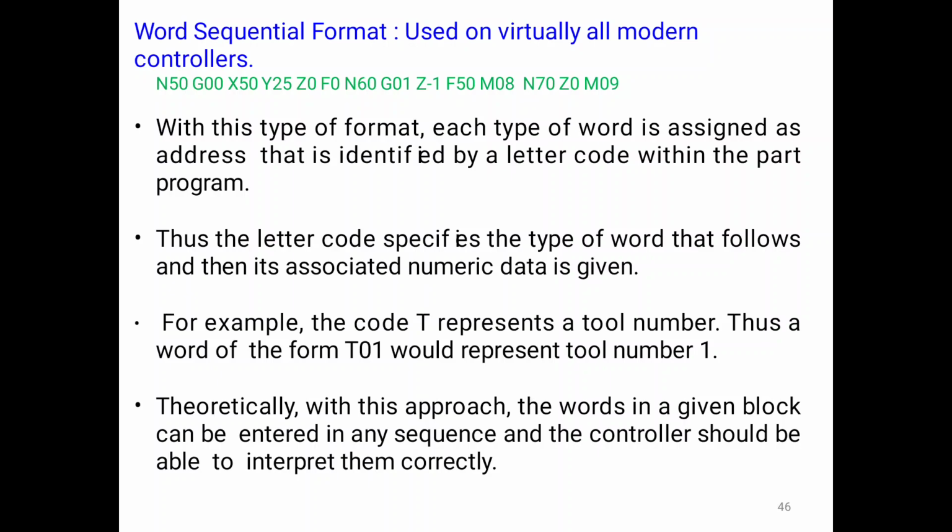For example, N50 G00 means the initial zero position, and XYZ move to the spindle location, and F0 means feed is 0, and S represents the speed like 60 rpm, and G01 is a linear point to point move, and Z gives the position of the spindle in the Z direction, as well as F50, which means the feed is 50.